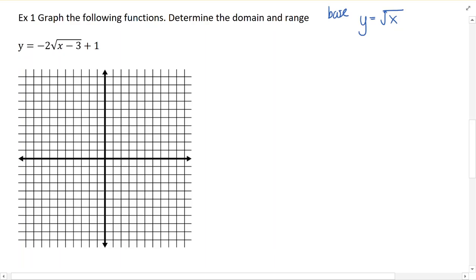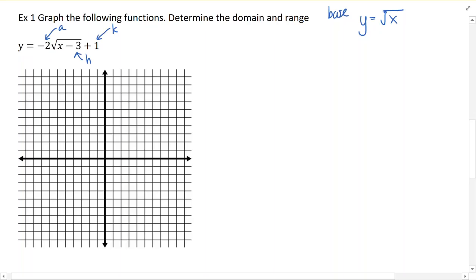So we are manipulating that. From here, we have this first one here, which is basically our a. This here is our h. And this here is k.